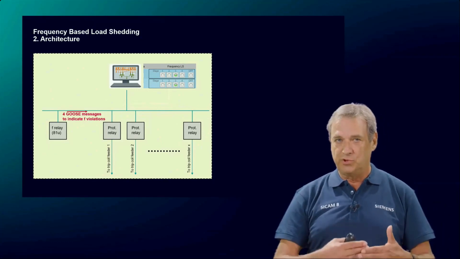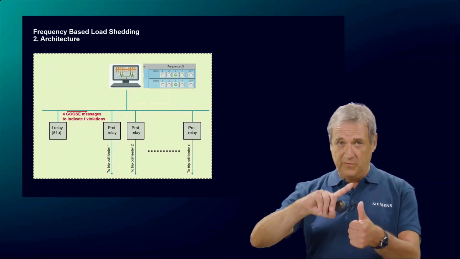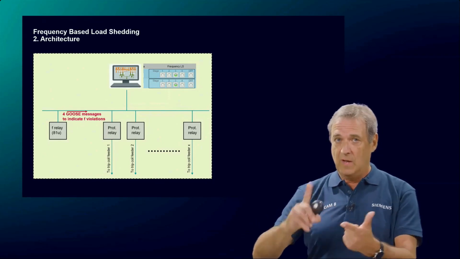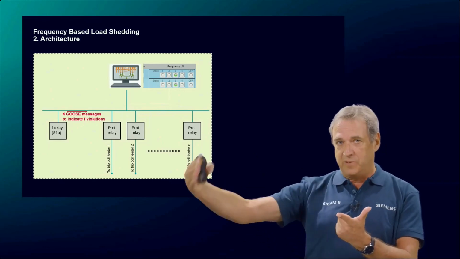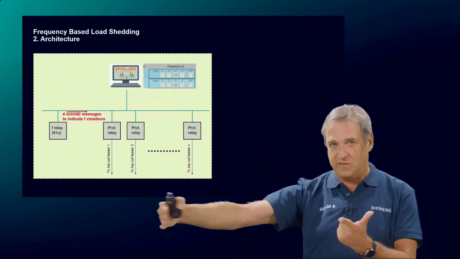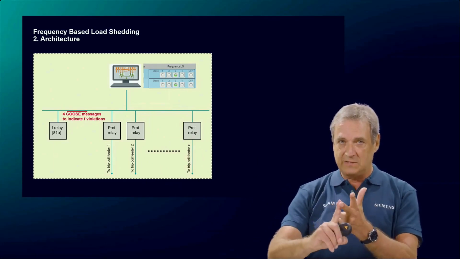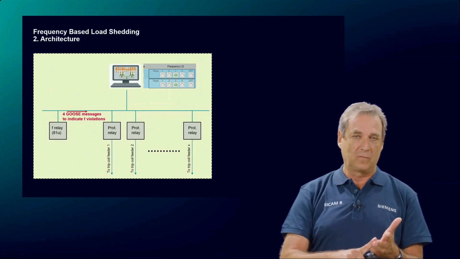Among others, this solution provides the following advantages. First of all, you can avoid long copper cables. You know, copper is expensive. There's no need for interposing relays because the trip is done by the load relays itself. So no interposing relays. And last but not least, you can create very flexible architectures.